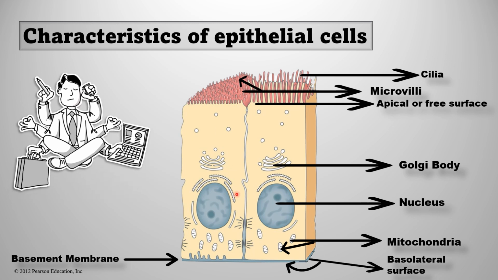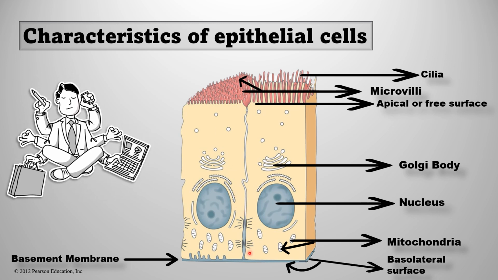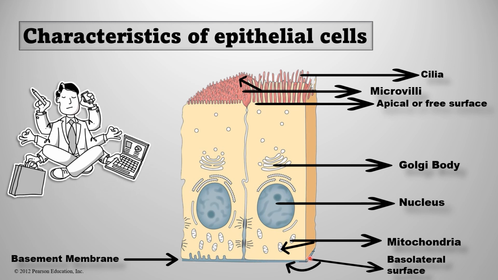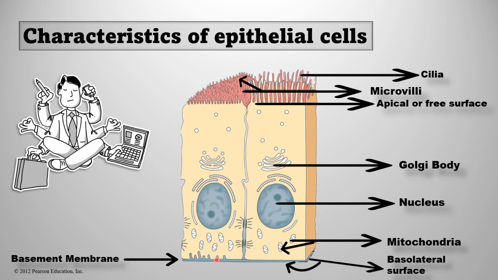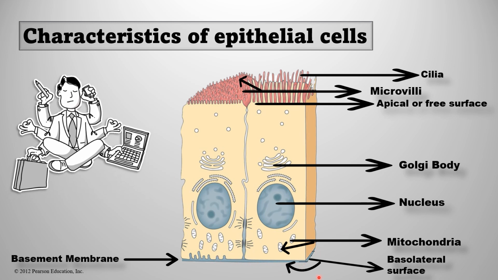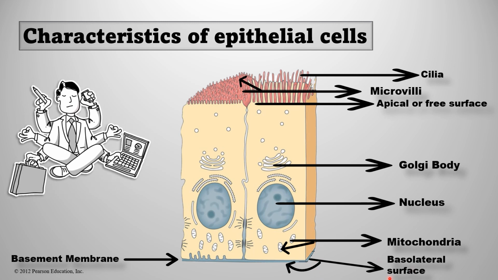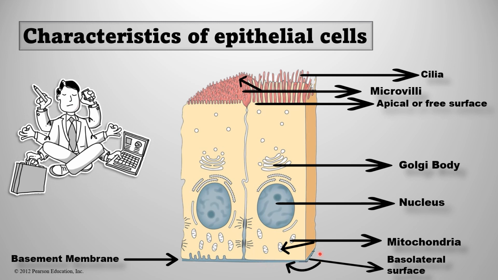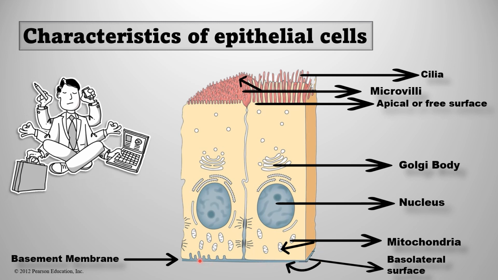The second surface here is called the basement surface. This one, the basement surface, and because here this is three-dimensional, we call it the basolateral. Here there is another part, the remaining of the cell, and here is the front part.